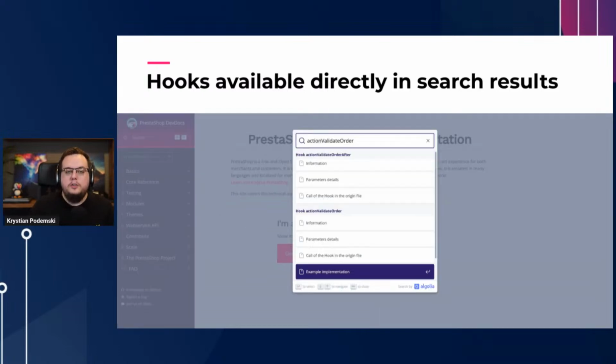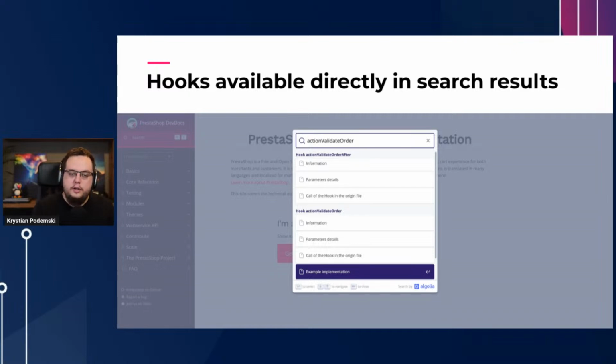And last but not least, hooks are now available directly in the search results. So if you, for example, search for action validate order, you will have information about hooks in the search pop-up. As you can see on the screenshot, I searched for action validate order and I have information about this hook.